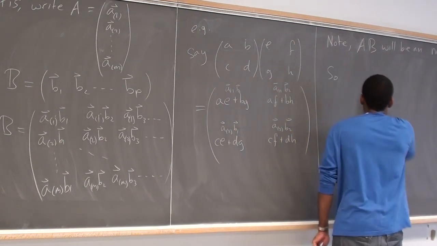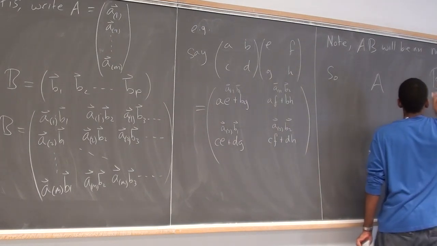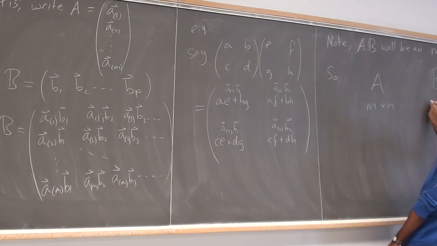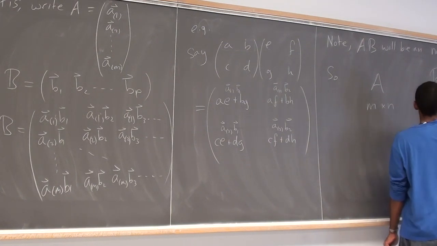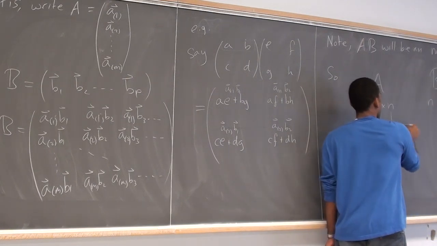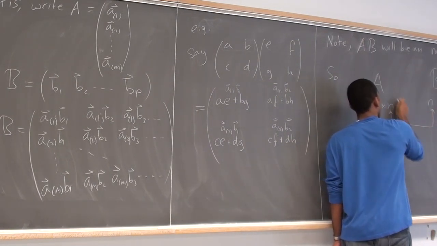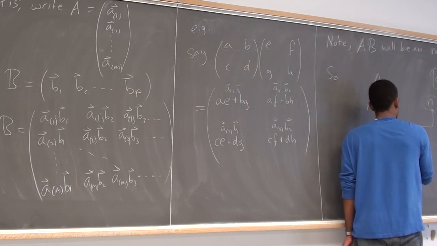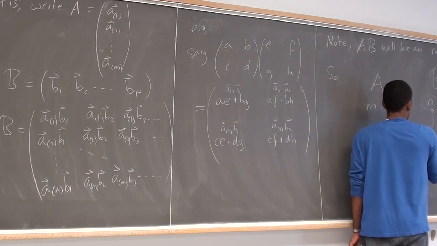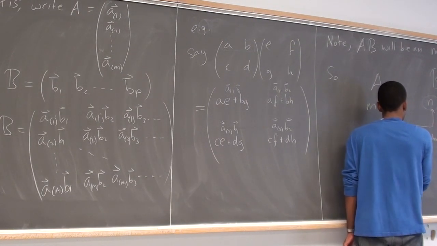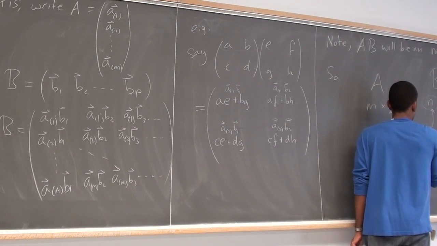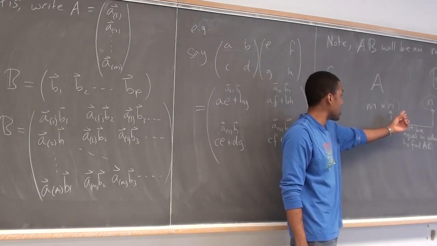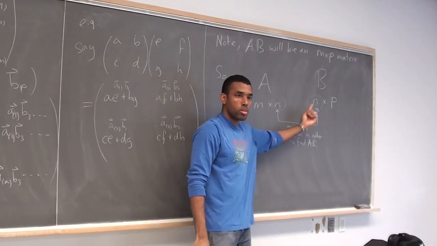So you have your A and your B. This was an M by N. This was, what did I say, N by P. So these two numbers on the inside must be equal in order to find AB. This is precisely what it means to be conformable. If you write them out in terms of dimensions, the inner numbers have to match up when you put them beside each other.